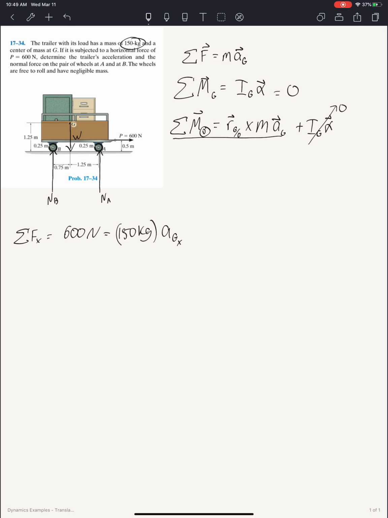If I sum the forces in the y direction, I have the normal force at A plus the normal force at B minus the weight, which is 150 kilograms times 9.81 meters per second squared, equals the mass of the object, 150 kilograms, times the acceleration of G in the y direction.